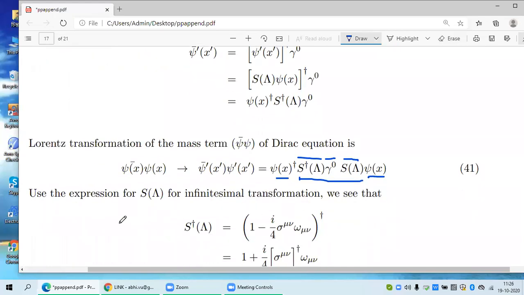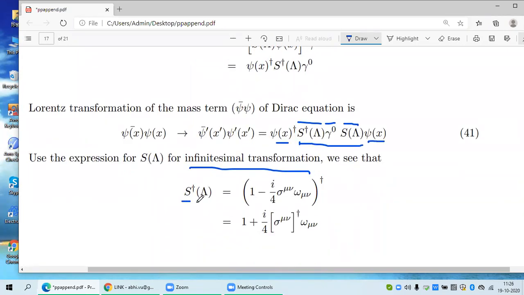For an infinitesimal transformation, S dagger is this, which makes I plus I and sigma mu nu dagger, because sigma mu nu is a matrix. Now to find S dagger, I have to find sigma mu nu dagger.